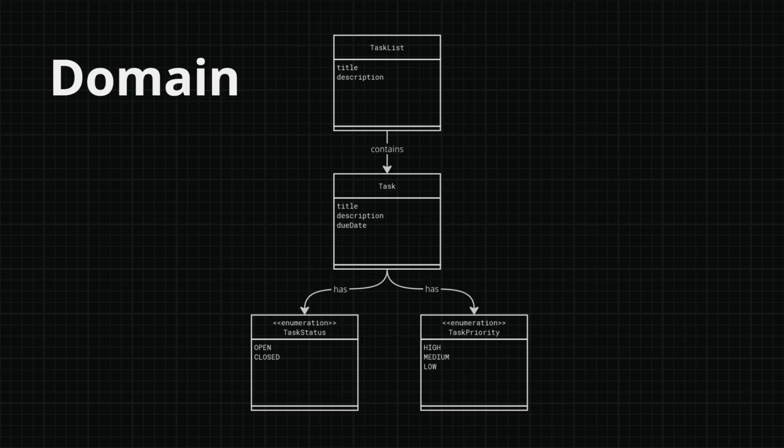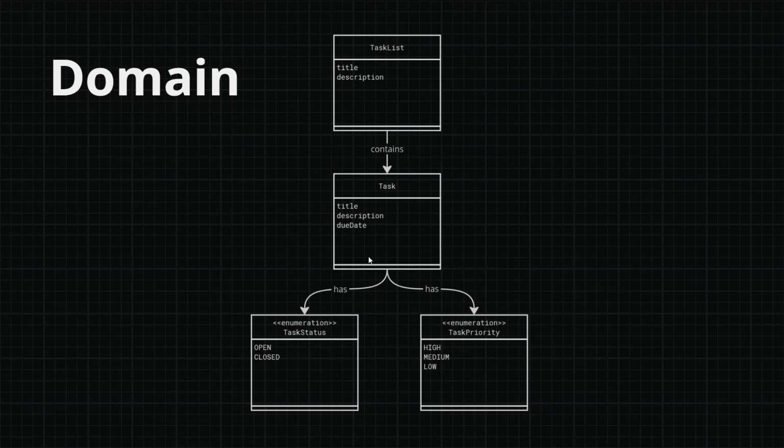So I've created here a domain model diagram, which captures all the core concepts and the relationships between them. You can see here in this diagram, we've captured the task list and the task concepts and the relationship between them, which is contains. So we can see the title, description, and due date that were mentioned earlier as well.